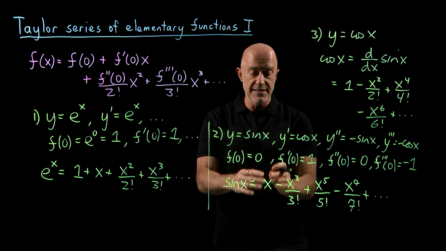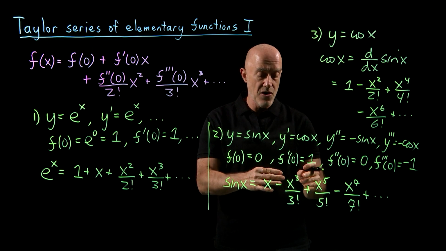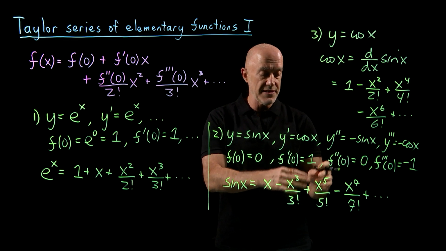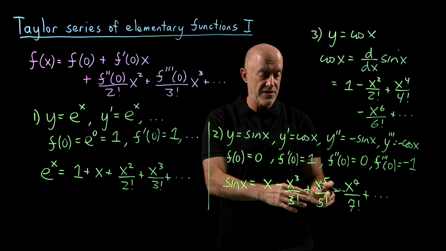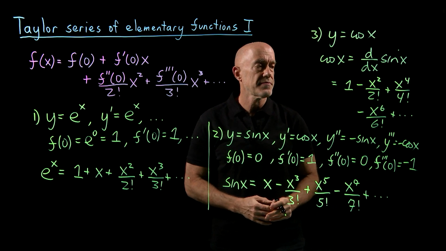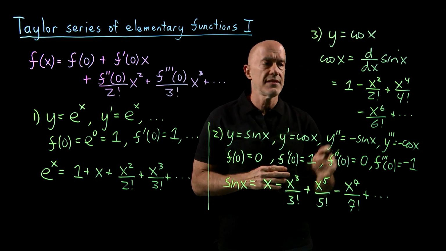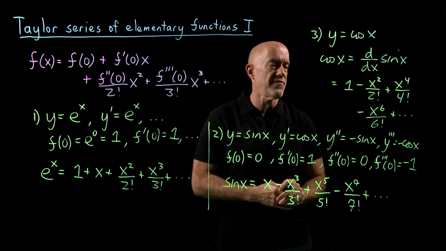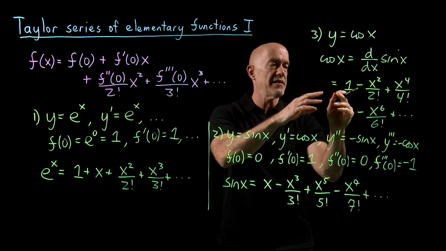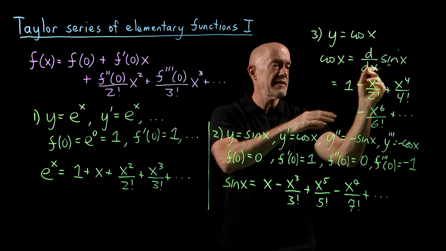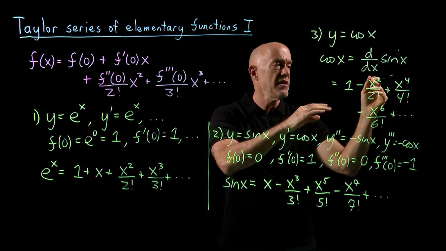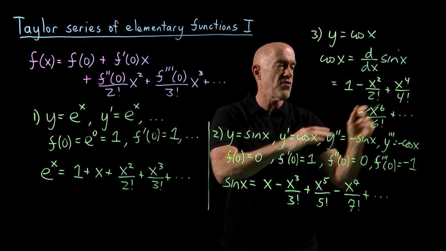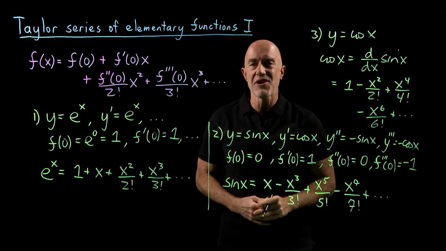So sine x is x minus x cubed over 3 factorial, plus x to the 5th over 5 factorial, etc. Cosine x has leading term 1. It has only even powers of x. And cosine x is equal to 1 minus x squared over 2 factorial plus x to the 4th over 4 factorial, etc.